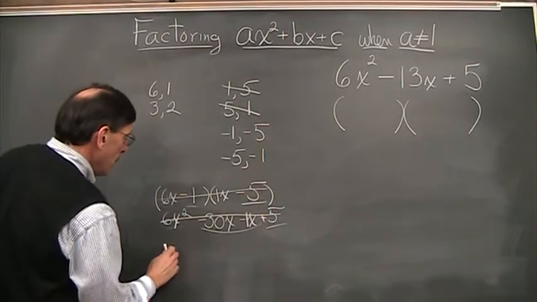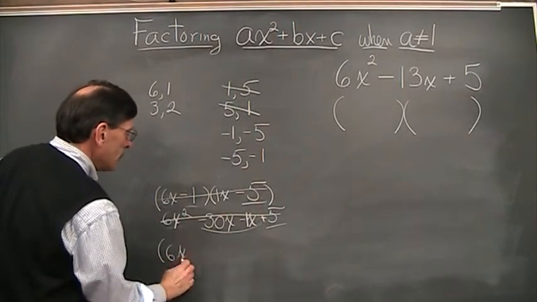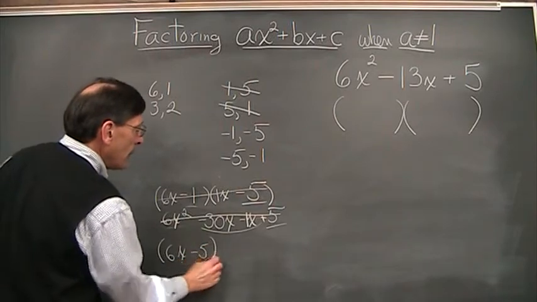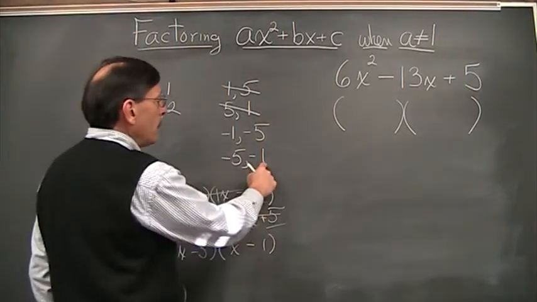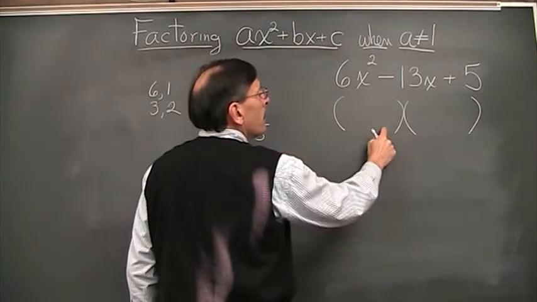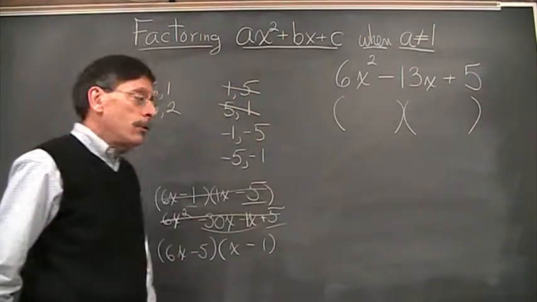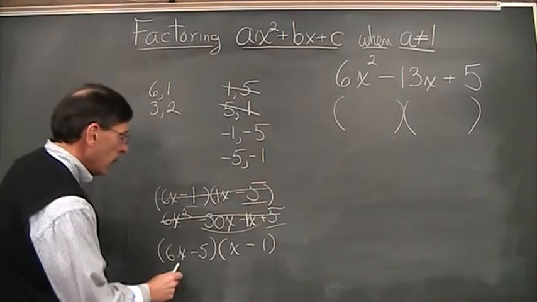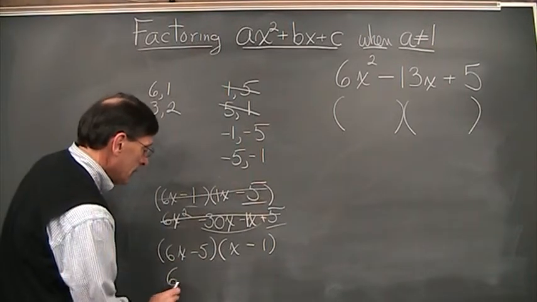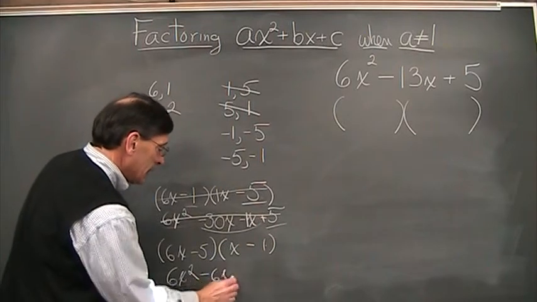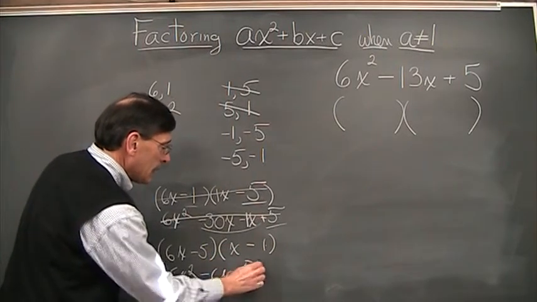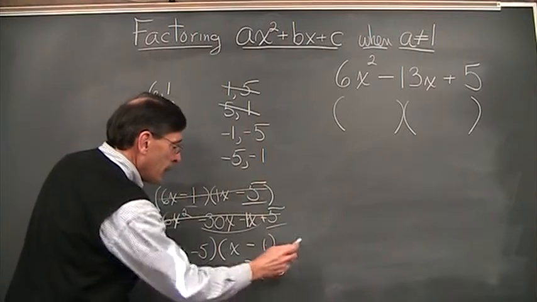Let's reverse the pair. I have 6x minus 5, and I have x minus 1. Keep in mind I'm taking the negative 5 and negative 1 and substituting them in the second positions. Let's FOIL it. 6x times x is 6x squared. This is a minus 6x, minus 5x, and a plus 5.